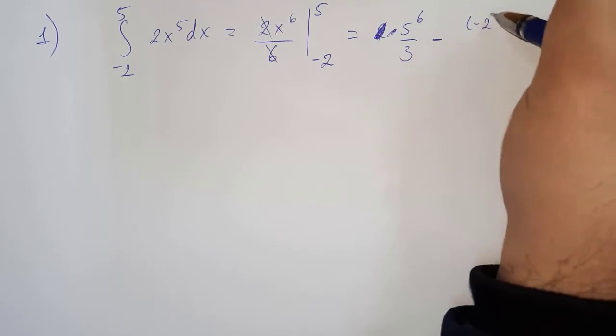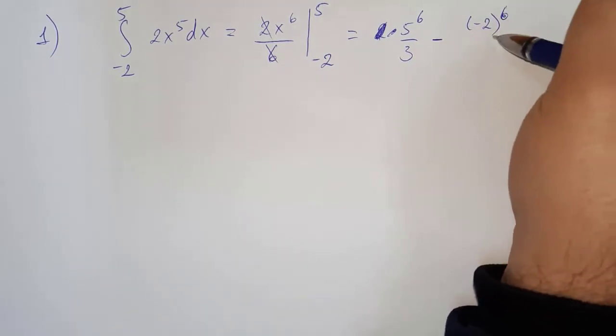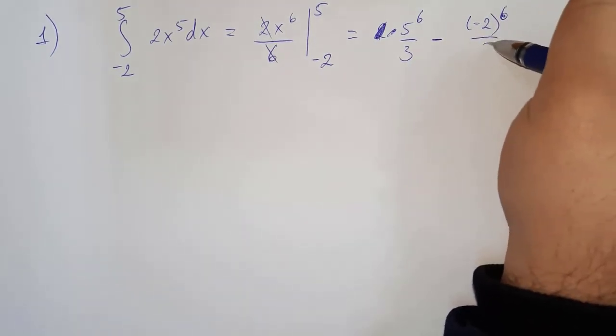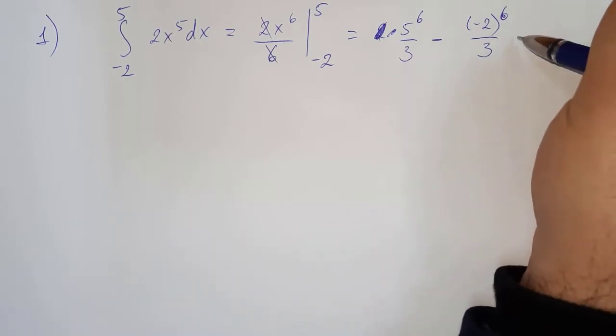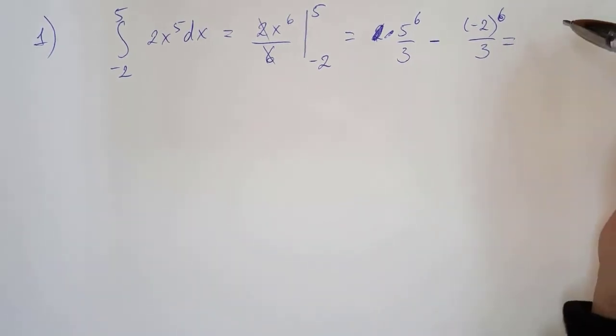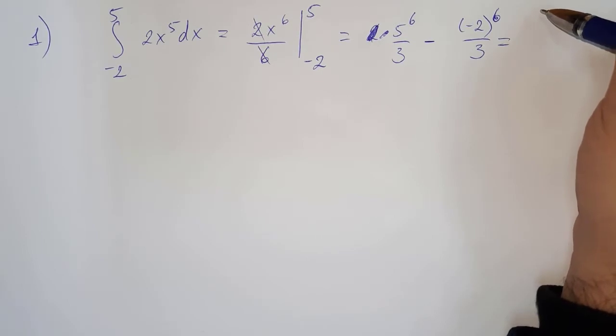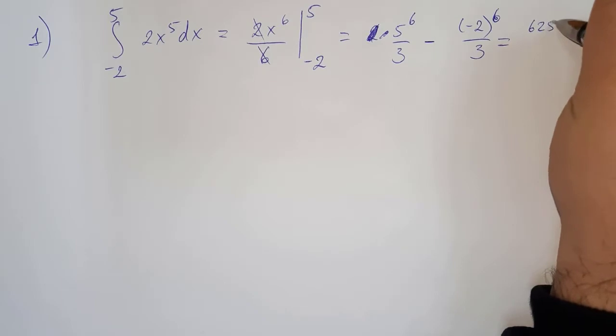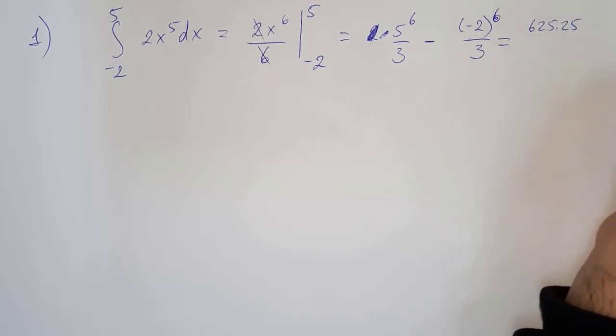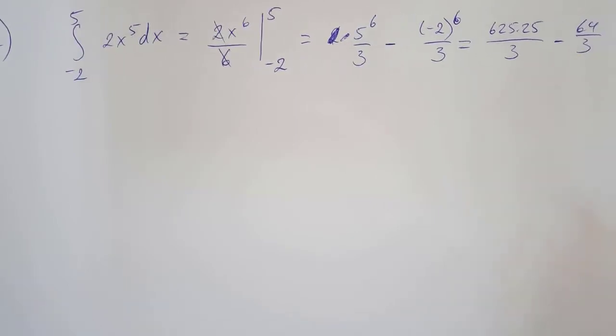So minus (-2) to the sixth power over 3. We need to just compute this now. So 5 to the sixth power is 15625 over 3, and minus here 2 to the sixth power, which is 64 over 3. We need to just compute it and we'll get the answer.